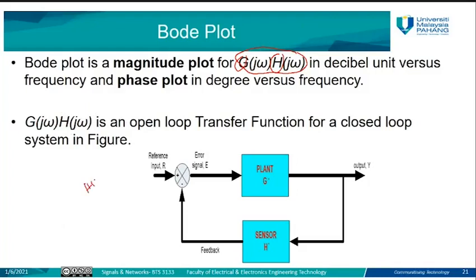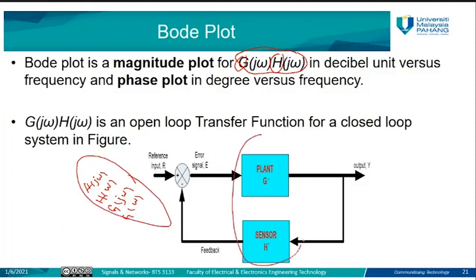Is it H(s), H(j omega), H(omega), or G(j omega) or G(omega)? Whatever the value is, it represents the transfer function for your system, either this part combination or this part alone or this part alone. Okay, so whatever transfer function is given, you need to draw the Bode plot for it. Is this the forward path? Is it for the sensor? Is it the combination of the closed loop transfer function?